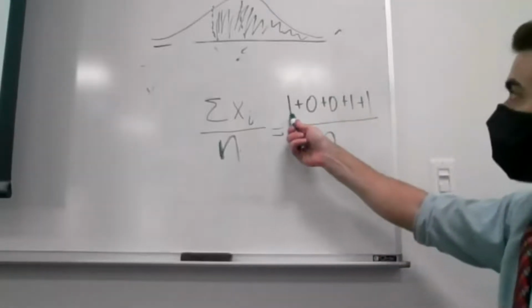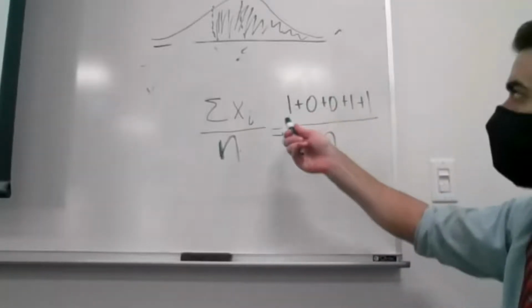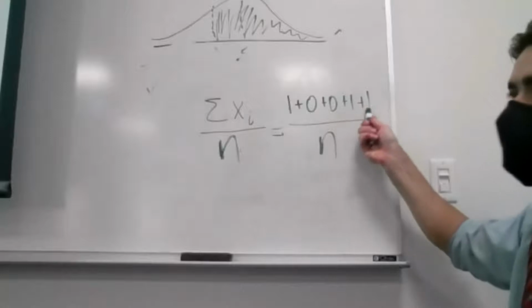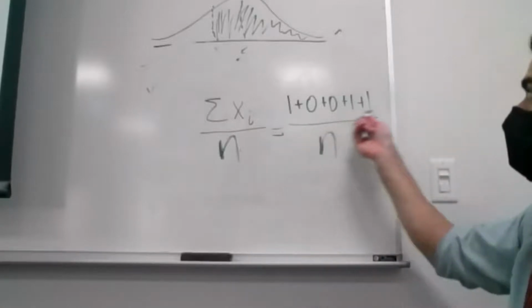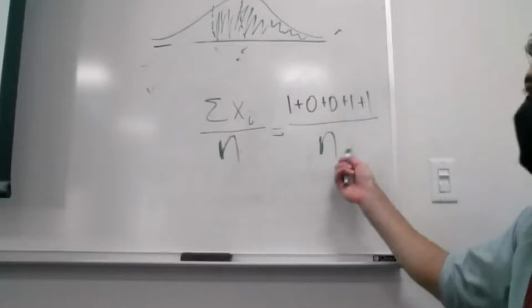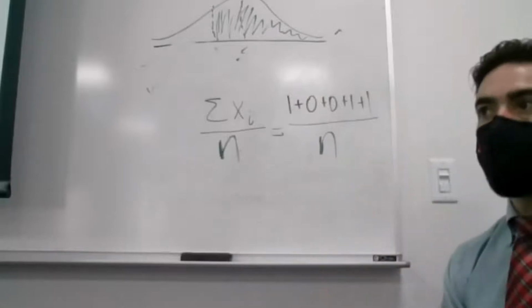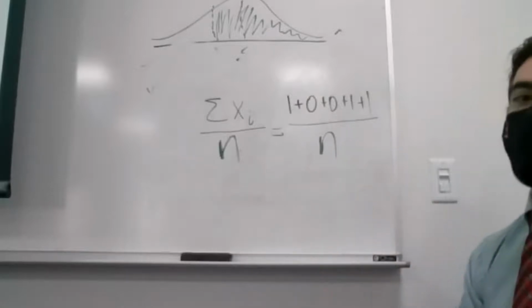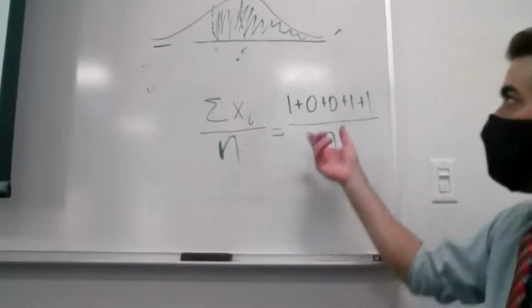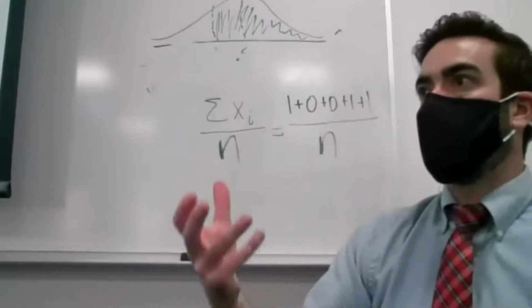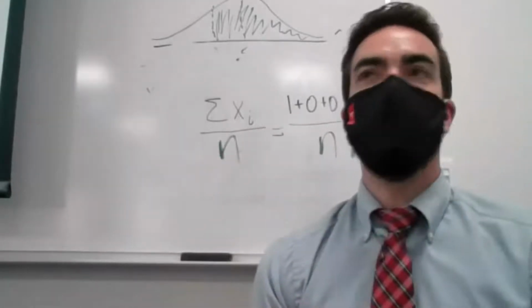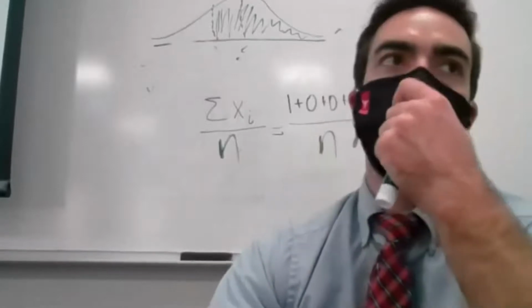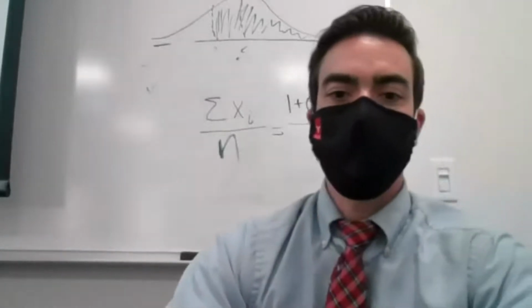The zeros don't impact my numerator at all. It's just going to count the number of females I had in that data set. It's then going to take that total number of females divided by the total number of people in that data set, right? And that's why taking the mean of a 1, 0 variable is going to return to you the proportion. So the proportion is just kind of a unique example of taking a mean, right? It has a slightly different equation for the variance there. Okay?